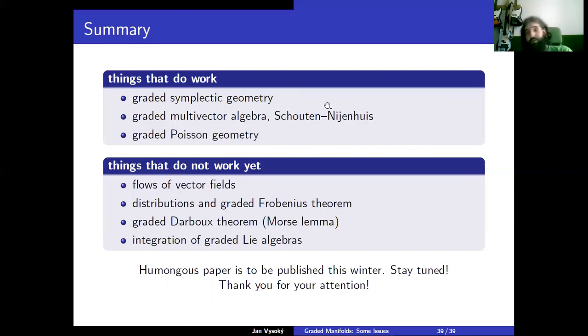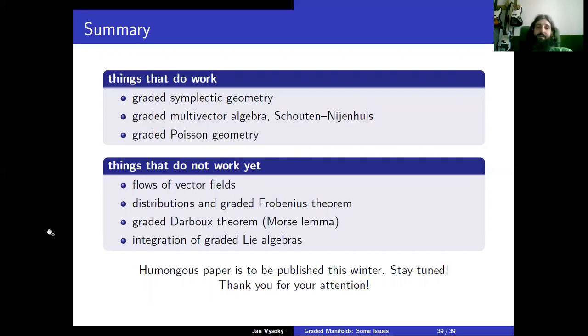There is a canonical bracket of your graded vector fields, which is the Schouten-Nijenhuis bracket. Therefore, there is also a good notion of graded Poisson geometry. So you can define what a graded Poisson manifold is. But there are some things that are work in progress.